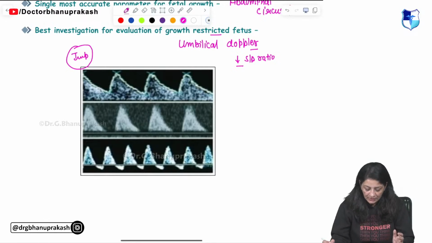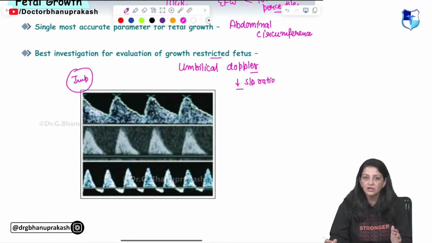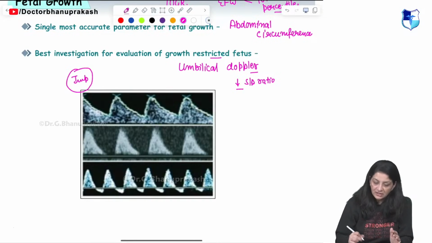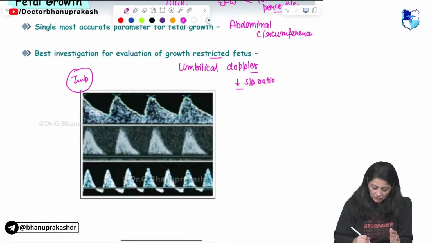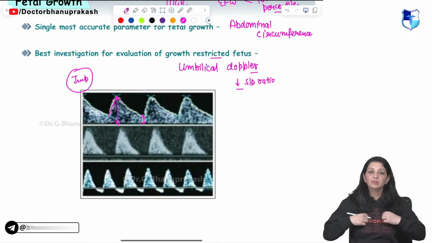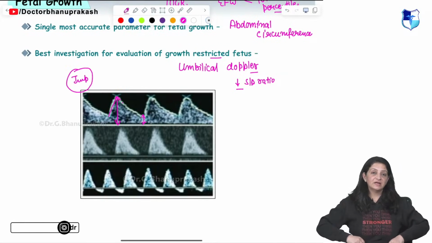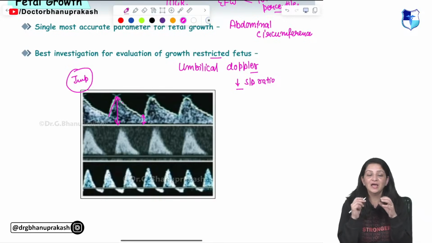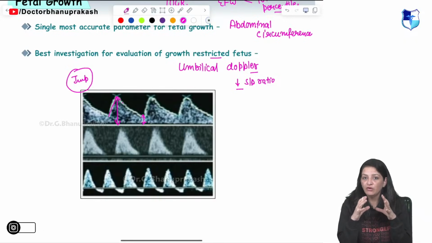So what happens in case of IUGR? First change in umbilical Doppler is decreased diastolic flow. So this is the systolic flow and this is the diastolic flow. Because of uteroplacental insufficiency, there is high resistance at the level of placenta.